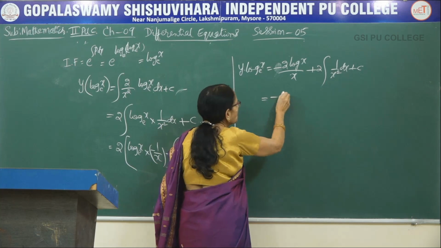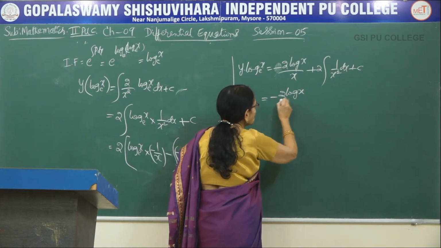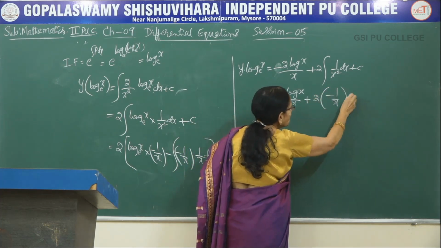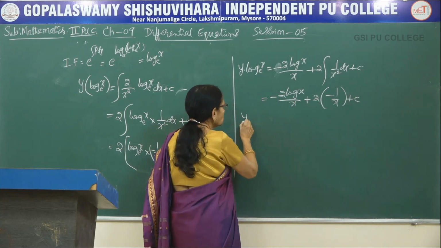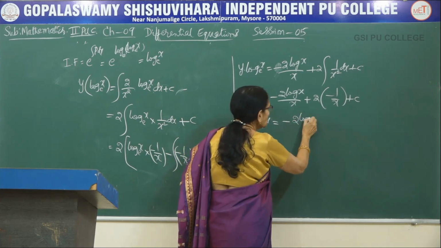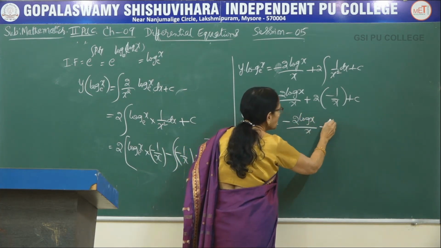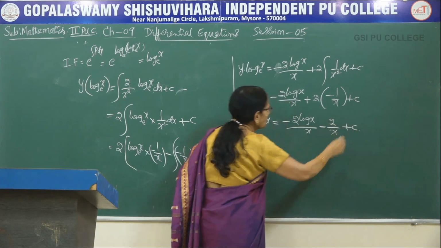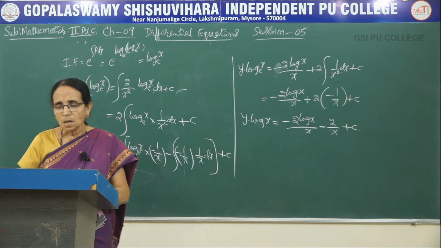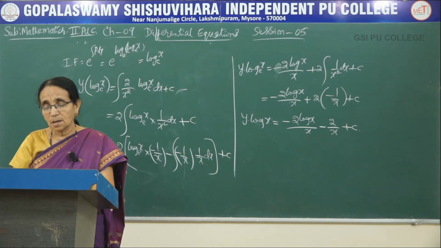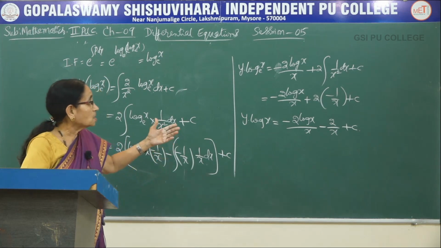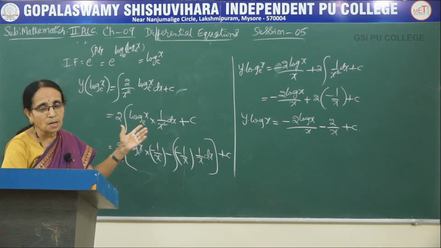Again, minus 2 log x divided by x plus 2 into the integral, which is minus 1 by x, plus the constant. So what we have now is y into log x equal to minus 2 log x divided by x minus 2 by x plus the constant. Now this is the general solution of the function. We first calculated integral p dx, then the integrating factor, and then we started with the solution.